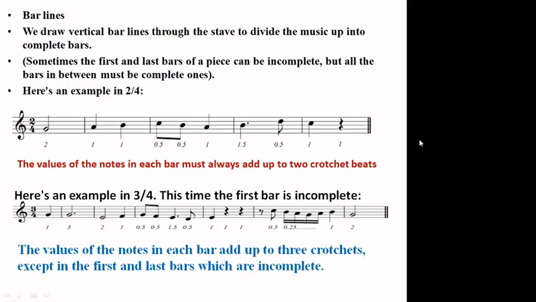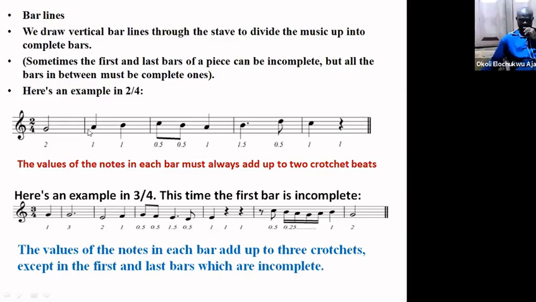All right. So as we look at this is 3-4. Now, there was something I read before that it is possible for the first and the last bars to be incomplete. The reason is that there is what we call anacrusis.